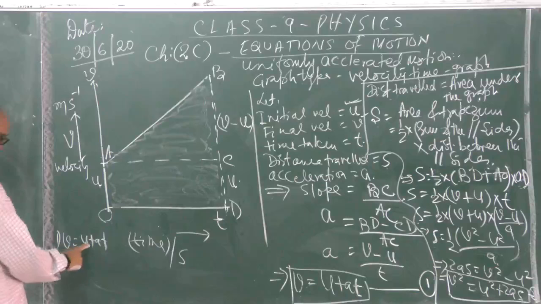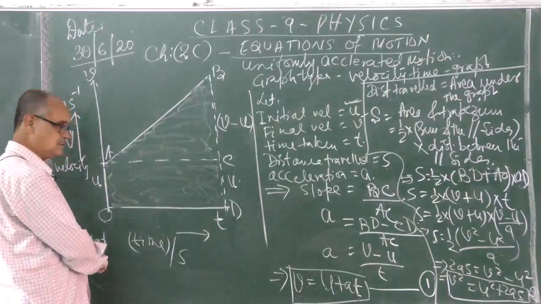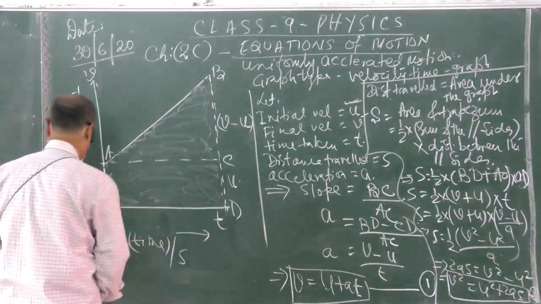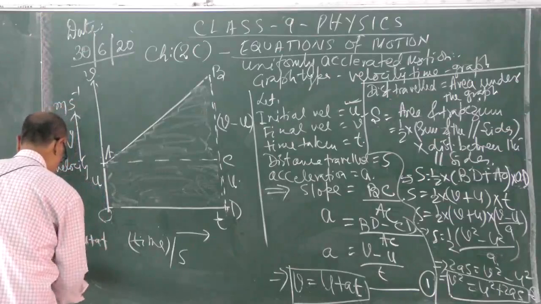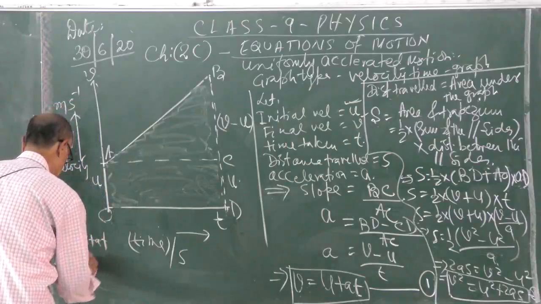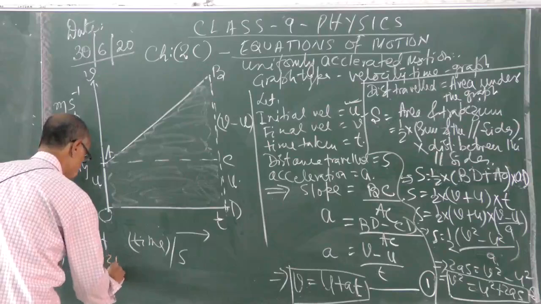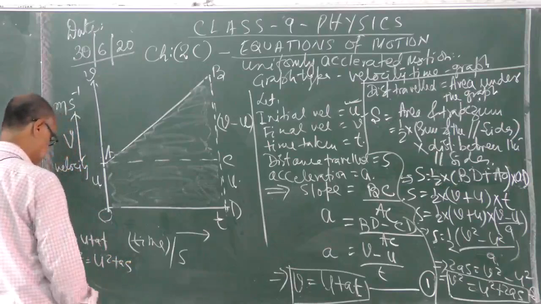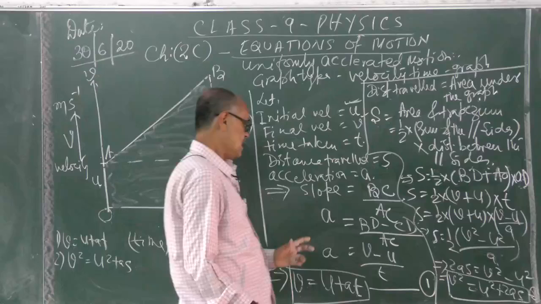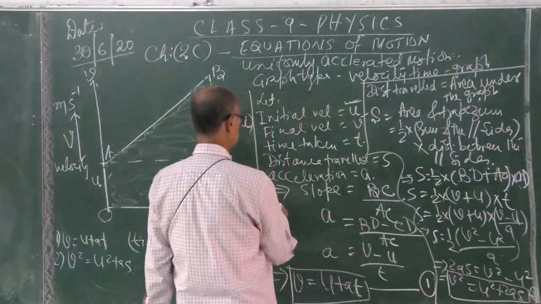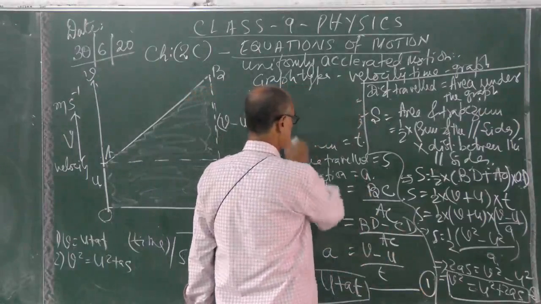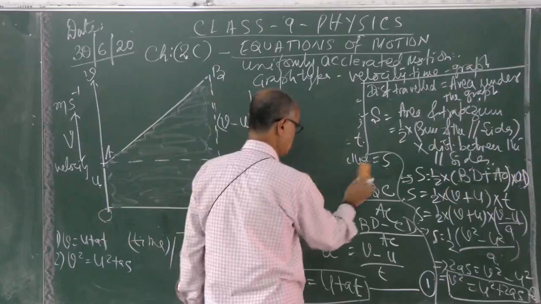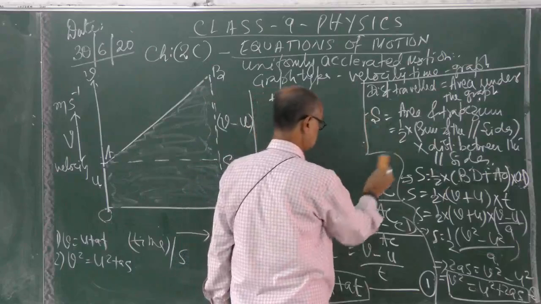V means final velocity, U means initial velocity, A is acceleration produced, and T means time. And the second equation we got: V square is equal to U square plus twice AS. I have to rub this part for the next section of work to be done.